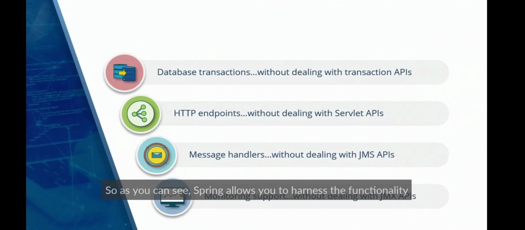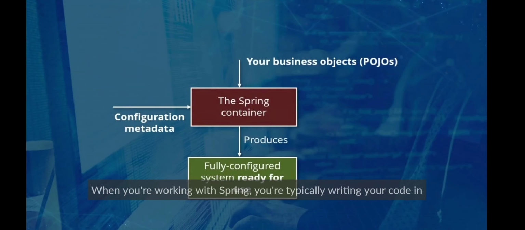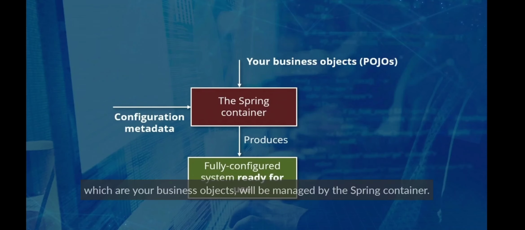So, as you can see, Spring allows you to harness the functionality provided in its different modules in a straightforward manner. Here is a big picture view of how exactly the Spring framework works. When you're working with Spring, you're typically writing your code in the form of business objects that are POJOs or plain old Java objects.